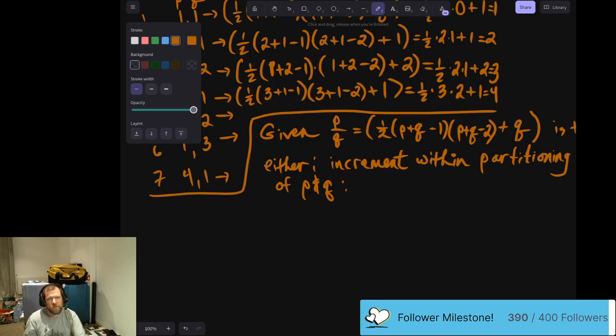So in every case, P is going to become P minus 1, and Q is going to become Q plus 1.